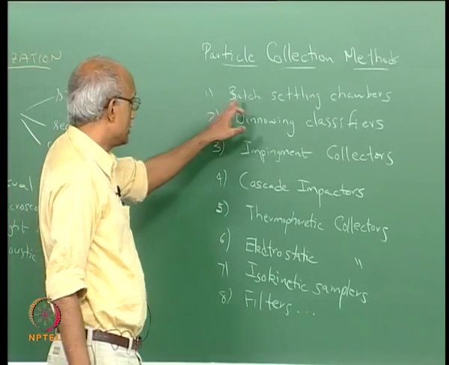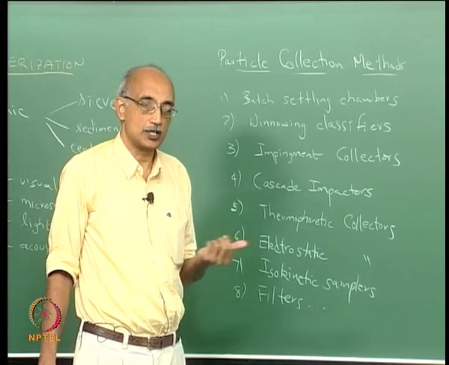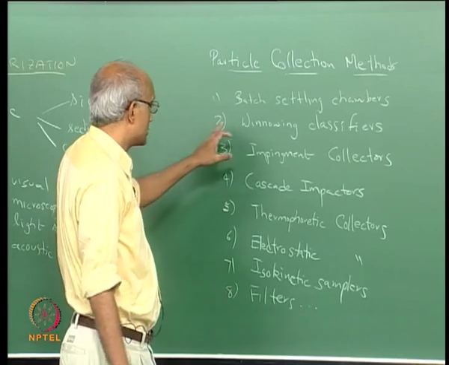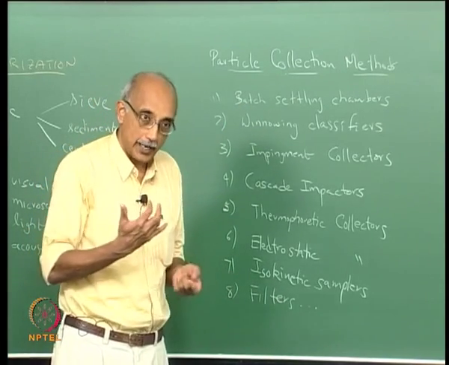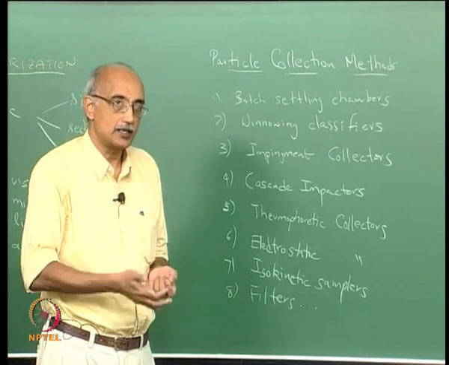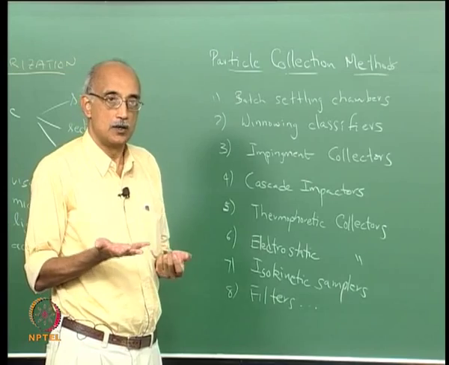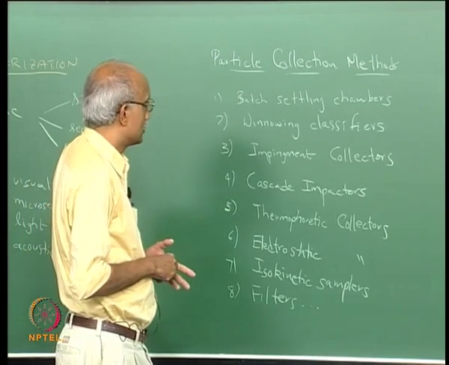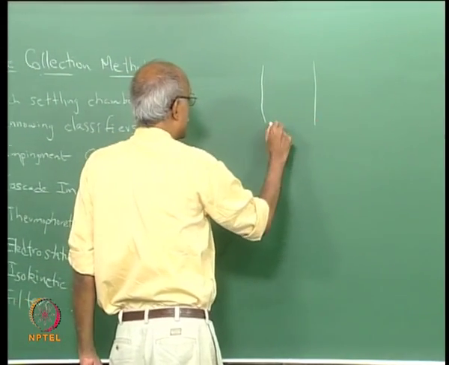A batch settling chamber: the mechanism involved is very much like the sedimentation mechanism in dynamic size analysis. The difference here is you are using the settling chamber not for direct size measurement by looking at the rate at which settling is happening, but rather to collect particles onto a surface typically located at the bottom of the settling tank.